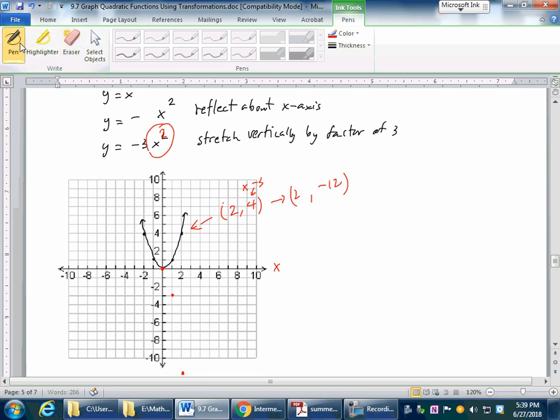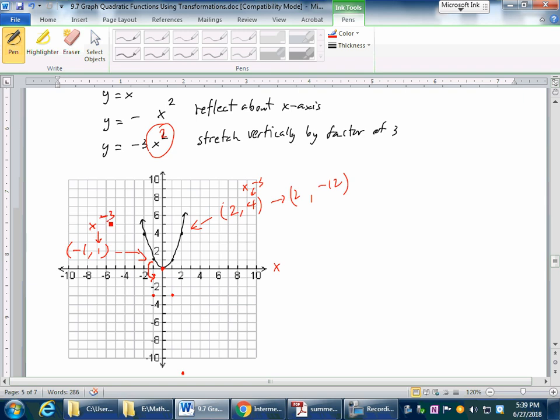Similarly, on the other side, if I transform this point, which is negative 1, 1, and reflect about the x-axis, it will go down here. However, you are stretching vertically by a factor of 3, so negative 1 multiplied by 3 becomes negative 3. Another way of saying it is this y value got multiplied by negative 3.